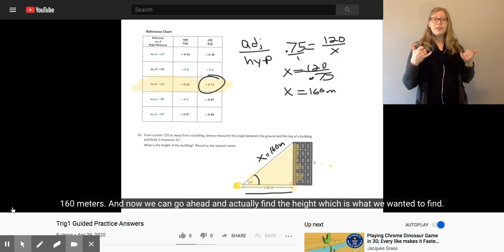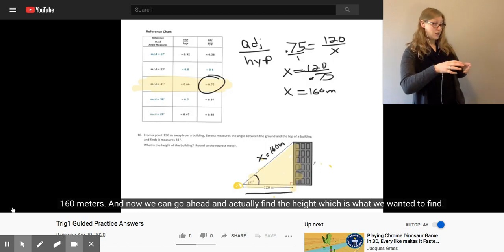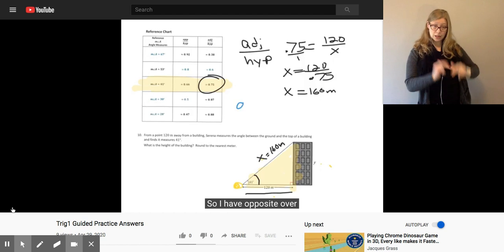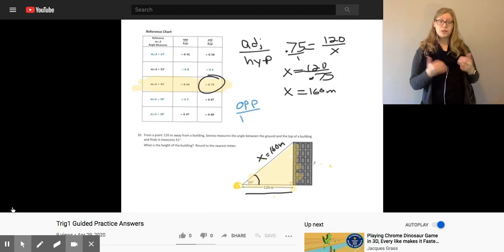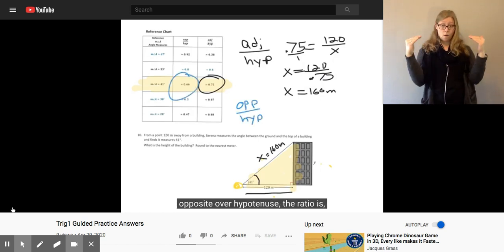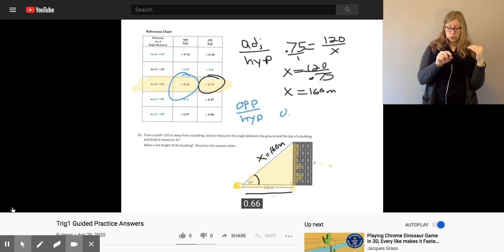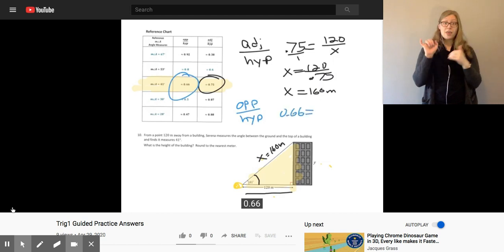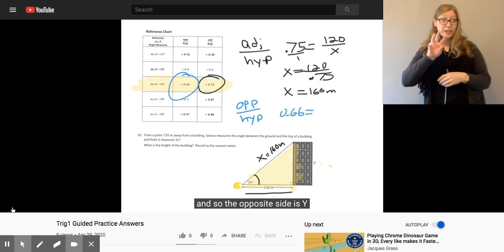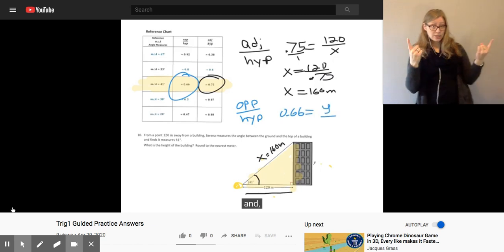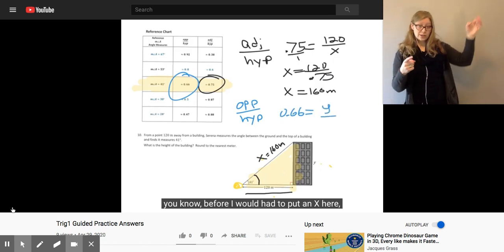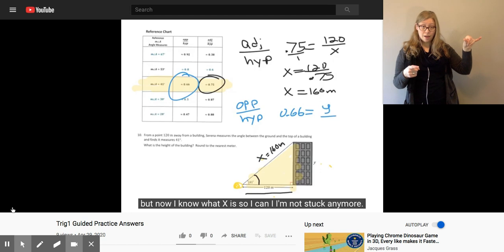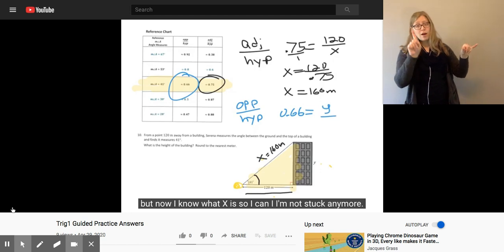Now we can go ahead and actually find the height, which is what we wanted to find. So I have opposite over hypotenuse, and the ratio is 0.66. The opposite side is y. Before, I would have had to put an x here, but now I know what x is, so I'm not stuck anymore.